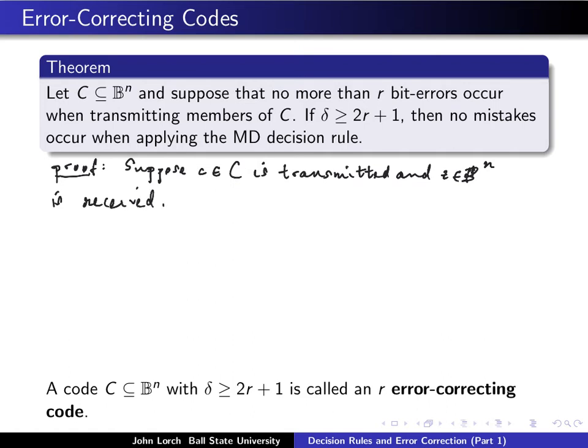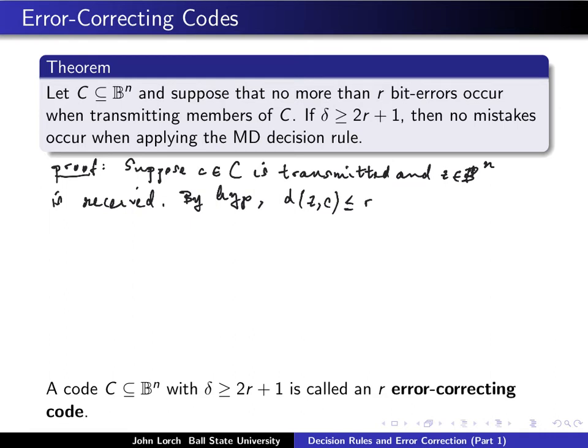Now, the hypothesis tells us that no more than r bit errors have been committed when we send C through the channel. So by the hypothesis, we know that the Hamming distance between Z and C is less than or equal to r, right?